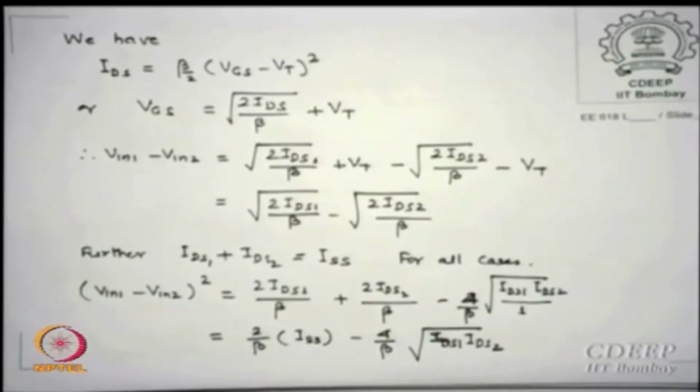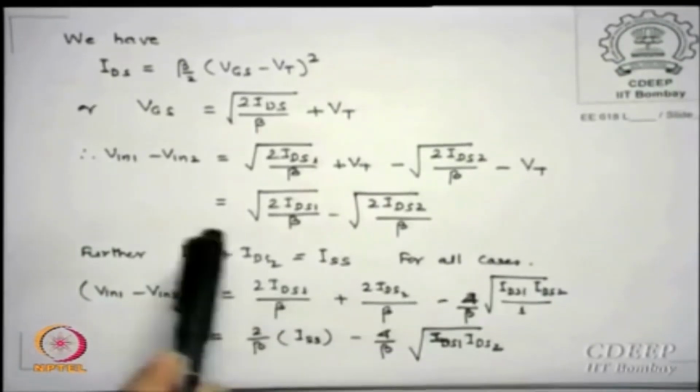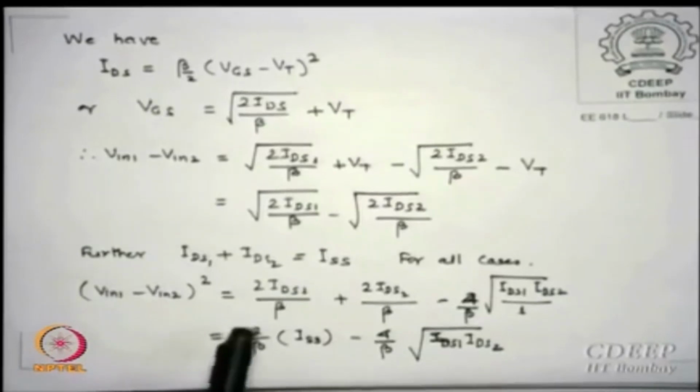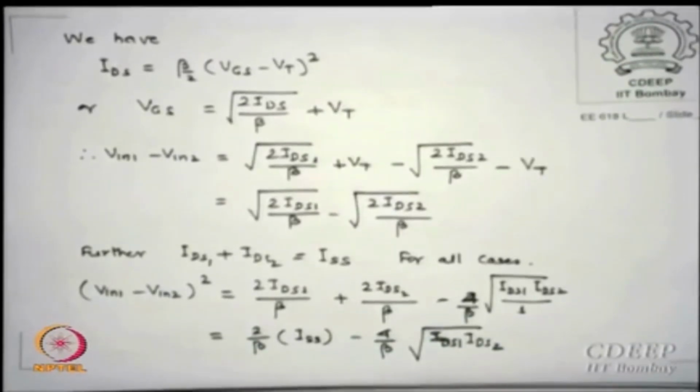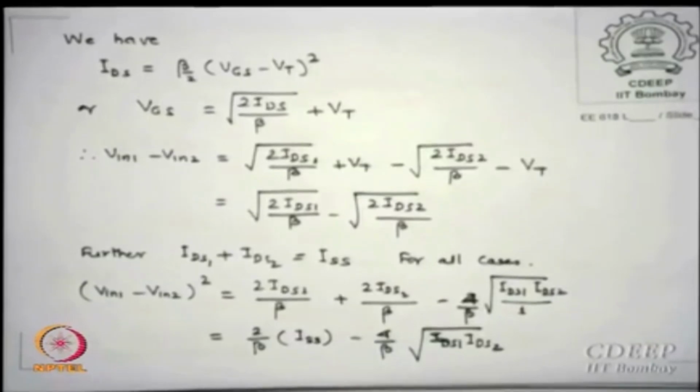Then we say IDS1 plus IDS2 is ISS, so it is 2 by beta ISS minus 4 by beta under root of IDS1 into IDS2. This mathematics is being done just to show, at the end of the day, what should be the limit of Vin1 minus Vin2, corresponding to which IDS1 and IDS2 should be available to us.